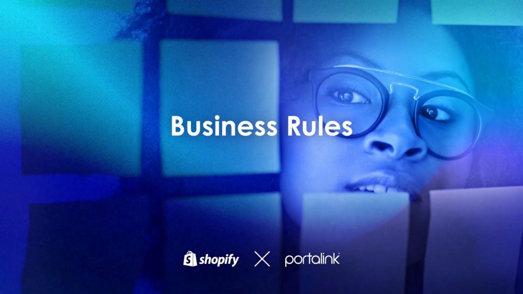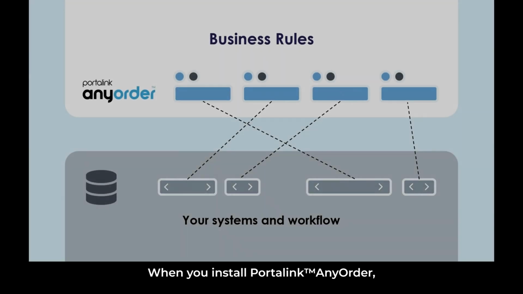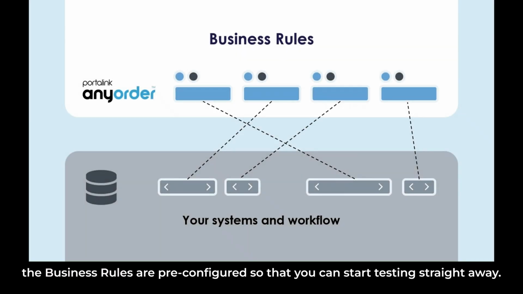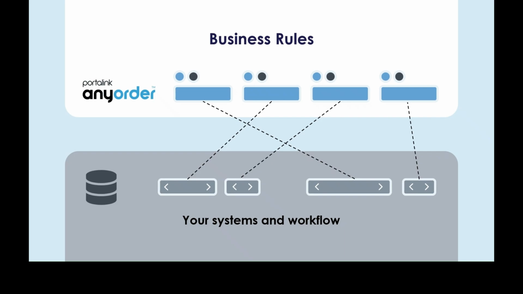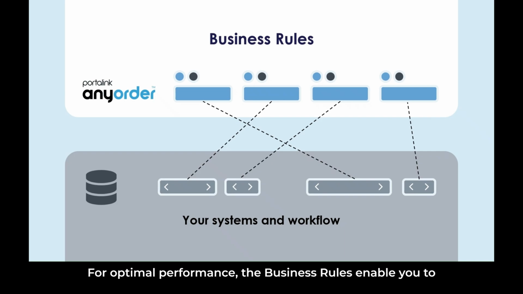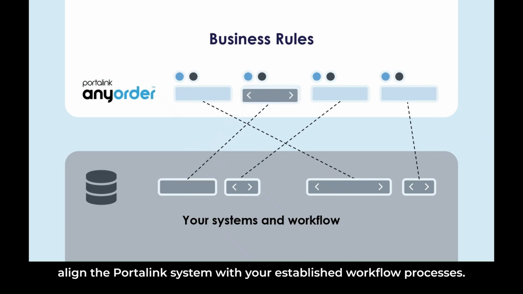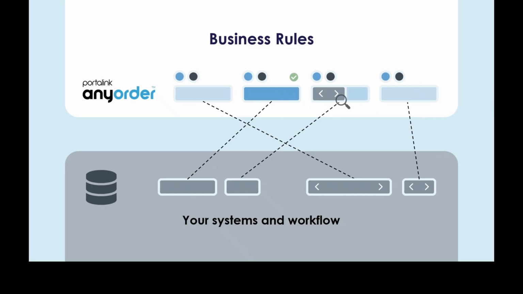When you install Portal Link Any Order, the business rules are pre-configured so that you can start testing straight away. For optimal performance, the business rules enable you to align the PortalLink system with your established workflow processes.